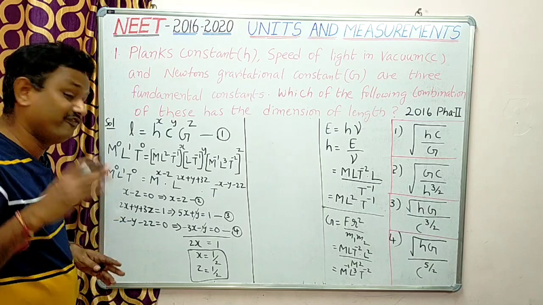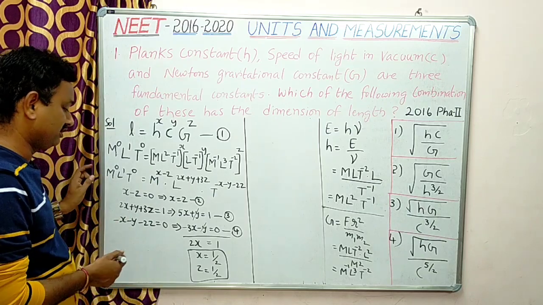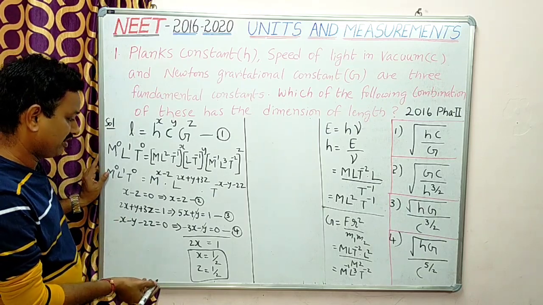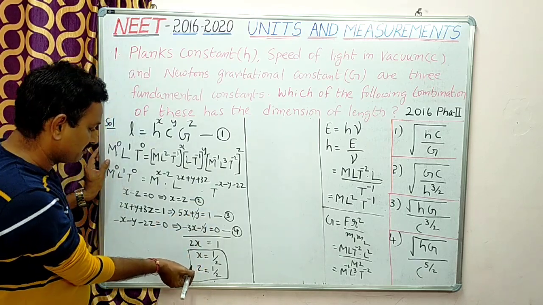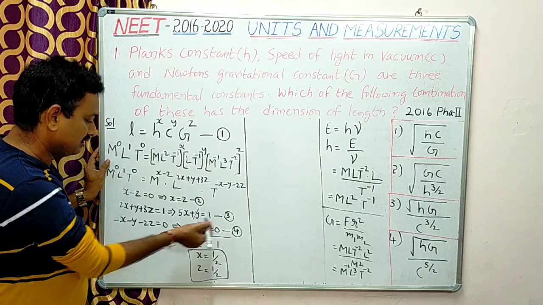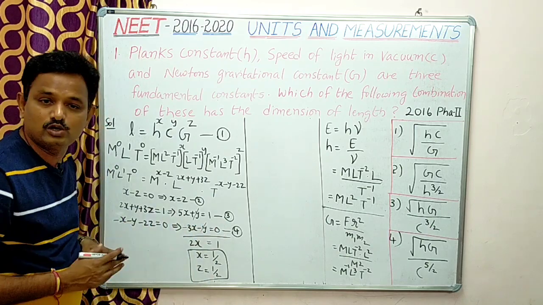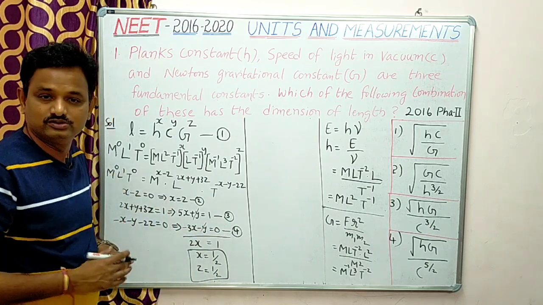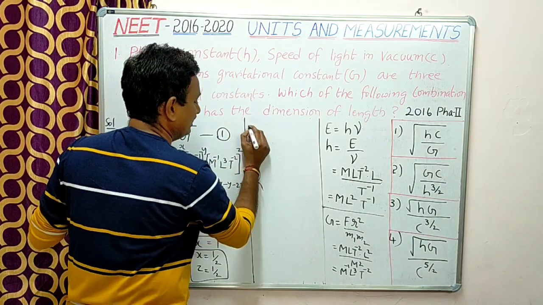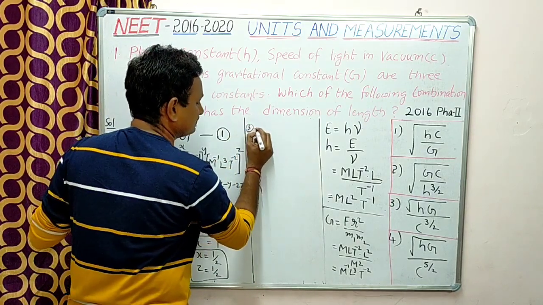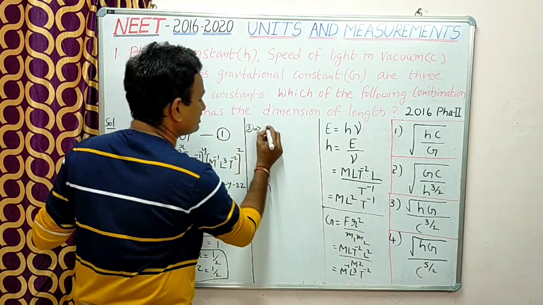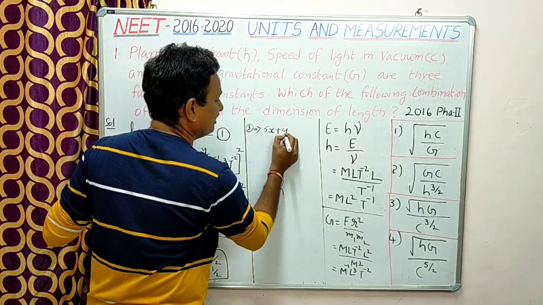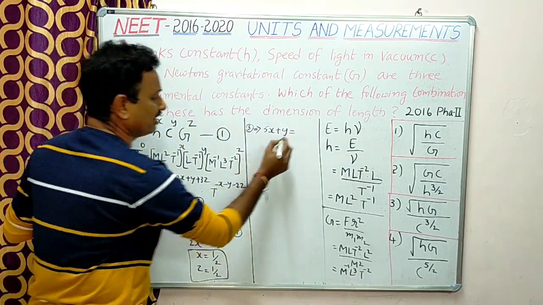Now we will find y. If I substitute the x value in equation 3, I will get the y value. What is equation 3? That is 5x plus y equal to 1.